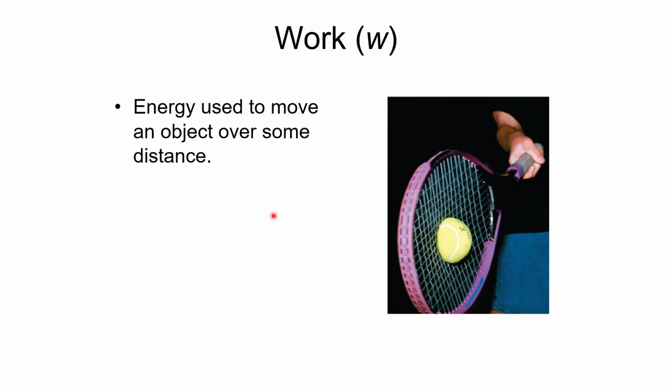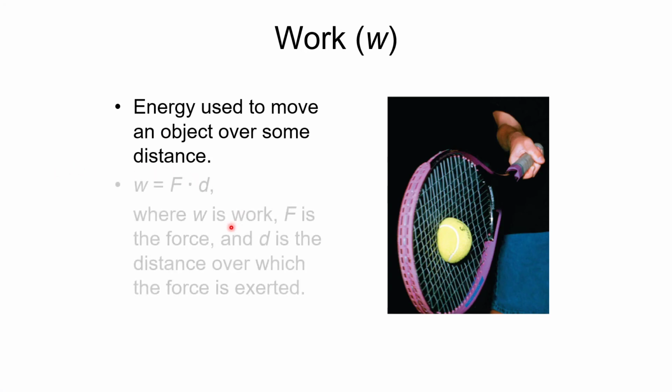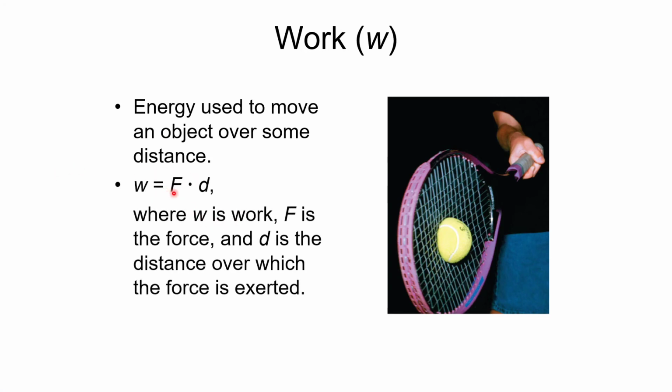Work is energy used to move an object over some distance. In physics, we define work as equal to force times distance. And in chemistry, we do the same thing, but we're often talking about a gas and moving something with pressure. And so instead of doing force times distance, since pressure is a force divided by an area, and instead of a distance, we're going to do a distance multiplied by an area, which will give us a volume.